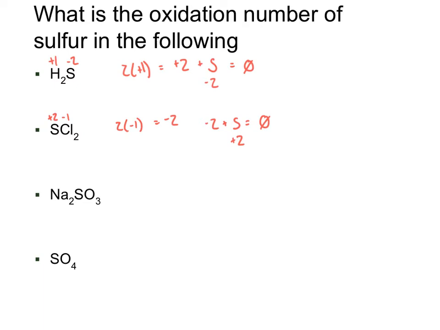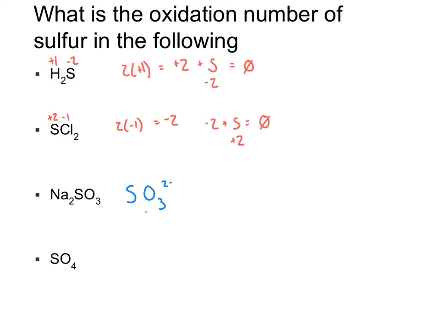Now down here in our third example, we do have an ionic compound of sodium sulfite, and we're going to use that information just to see that we have in fact the sulfite polyatomic ion, SO3 2-. And so now we can use our other rules.